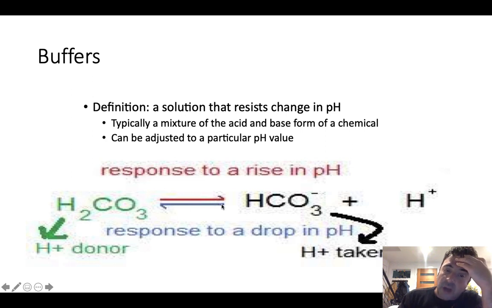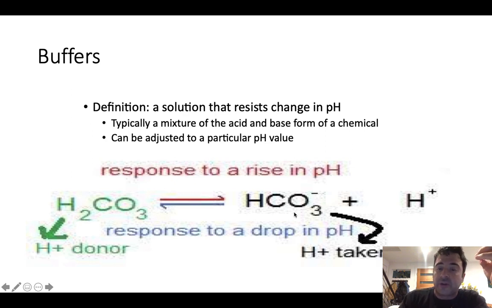And notice that this reaction can go in either direction. And the long story short with buffering systems is if you add too much hydrogen to your solution, so let's say you drink something like a Mountain Dew and you start adding free hydrogen to the solution, what this buffering system will do is that base will activate and it will take that free hydrogen and store it in the intact weak acid.